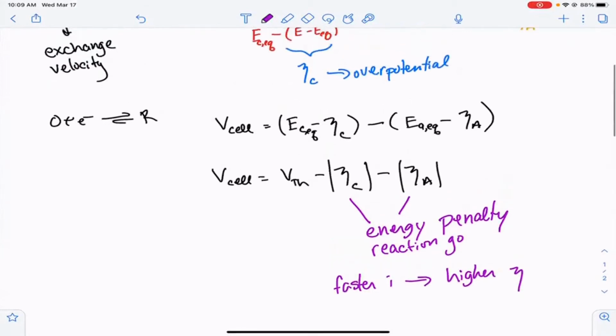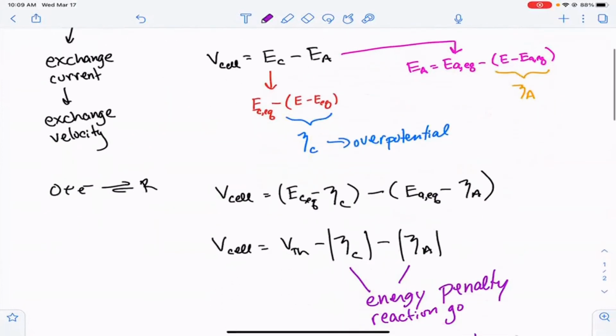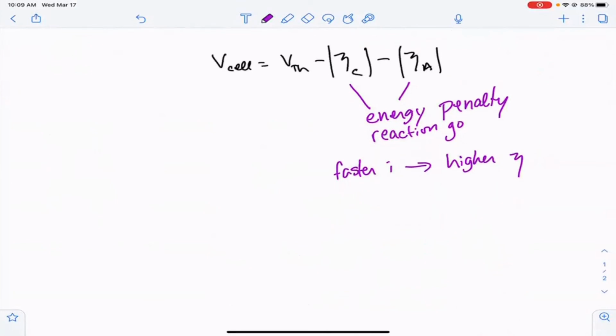And we actually could have predicted that from this equation, that to make the reaction go faster, you have to get farther and farther from the equilibrium potential of each one of these electrodes. And one way to measure the efficiency of an electrochemical cell is actually just the cell voltage divided by the thermodynamic voltage. That's a very, very common way to do this. And if you take an example like we did last time, the proton exchange membrane fuel cell, PEM fuel cells usually operate at about 0.75 to 0.8 volts.